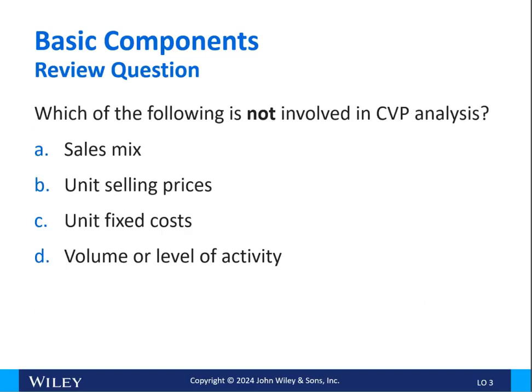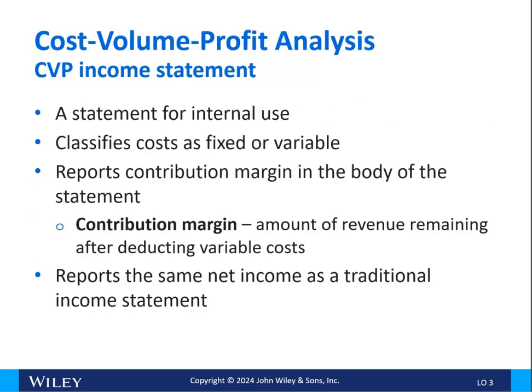Which of the following is not involved in CVP analysis? We have sales mix, unit selling prices, unit fixed costs, volume or level of activity. And what is not involved is the unit fixed cost. We're going to deal with total fixed costs, but not unit fixed costs.